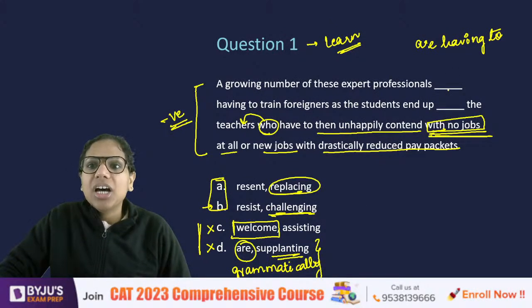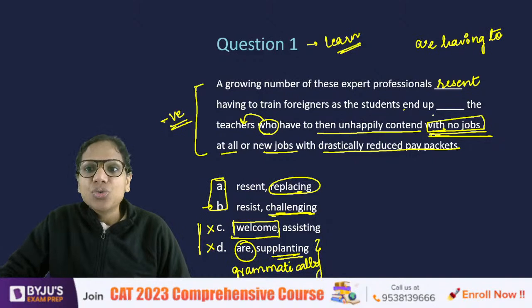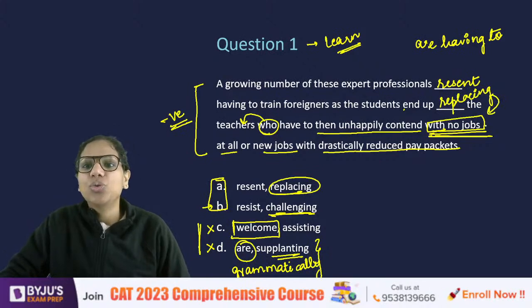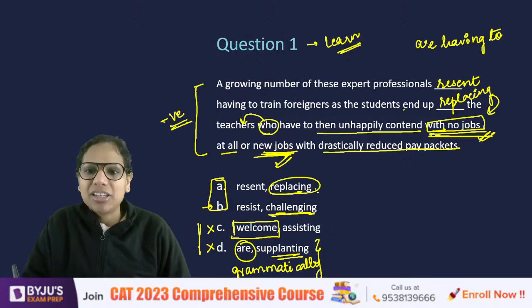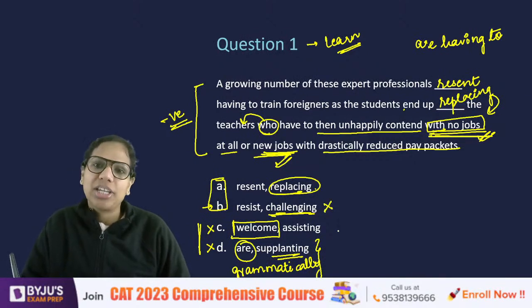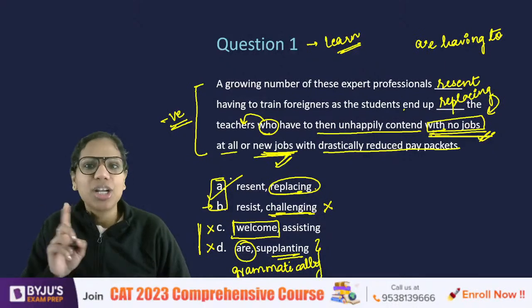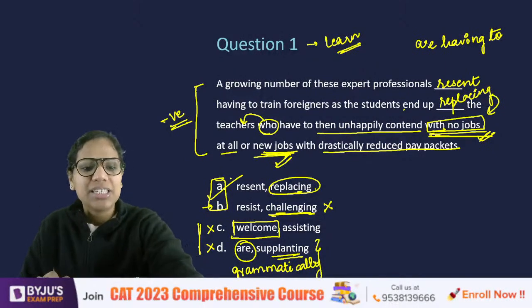A growing number of these expert professionals resent having to train foreigners, as the students end up replacing the teachers who then have to unhappily contend with no jobs at all, or new jobs. So they are replaced, so that's why they have to either search for a new job or they'll be left with no job. So replacing is the word that fits better here as compared to challenging, and hence A is my answer and not B. Make sense?